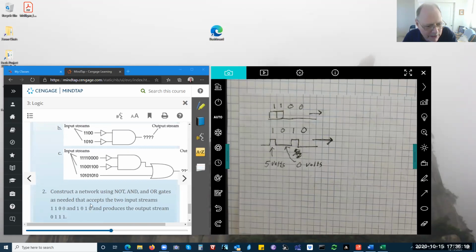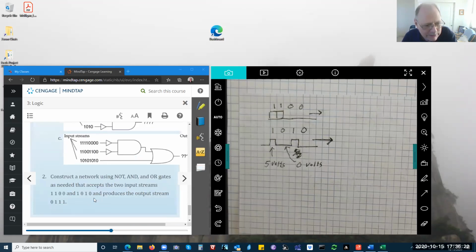And then you've got to design one. Fortunately, it's just 4 digits, two inputs and 1 output, and 4 digits. But you might have to chain 2 things together, something like this.